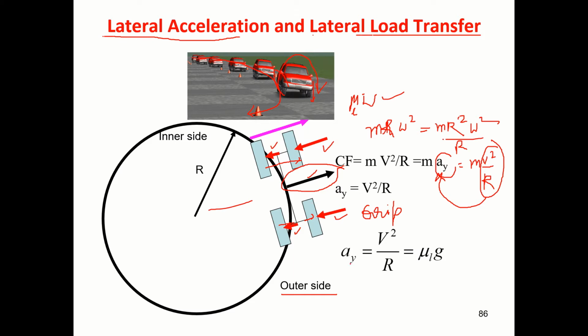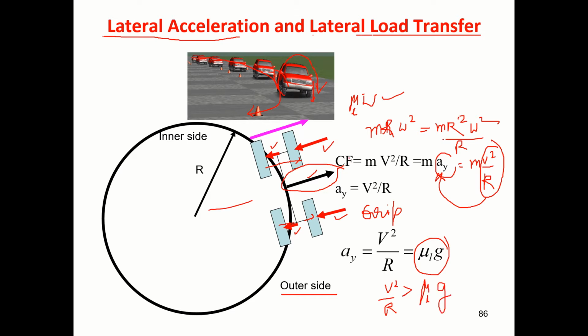So the maximum lateral acceleration possible, which we have discussed in the mu circle, is mu g. Suppose our a y, which is v squared by r, is greater than mu g.